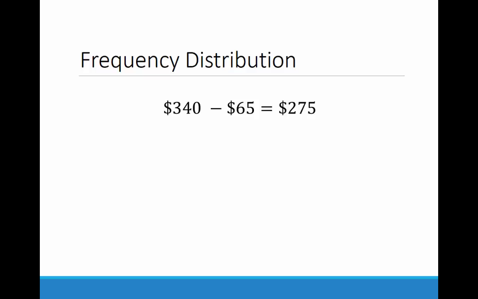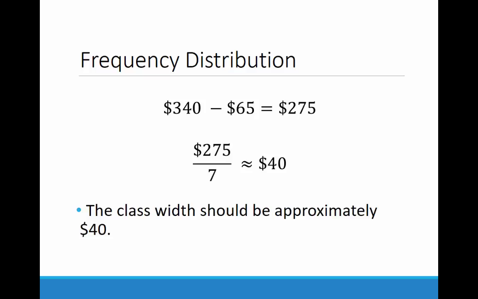This means that we would like to create 7 classes that can encompass all possible values. By dividing 275 by 7, the number of classes stated in the problem, we get a class width of approximately $40. Let's see how that's going to help us create our frequency distribution.